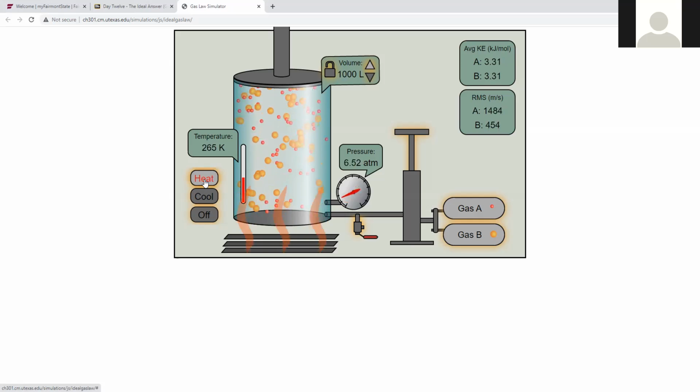What happens to the pressure as the temperature goes up? Okay, so I want you to write that down. Pressure and temperature. When pressure increases, temperature increases. What kind of a relationship is that? It is a direct relationship. One goes up, the other goes up.